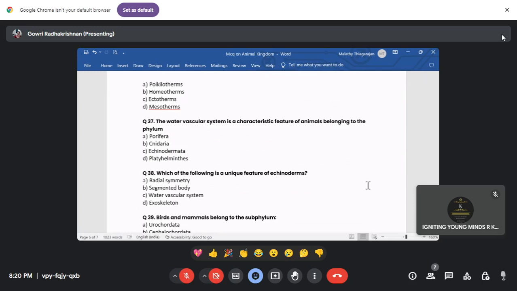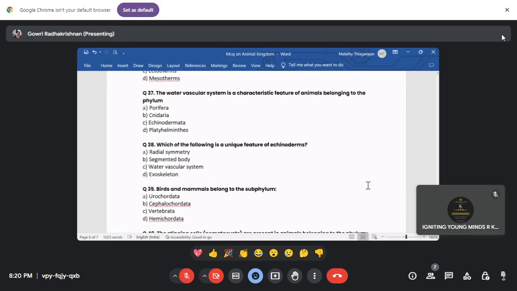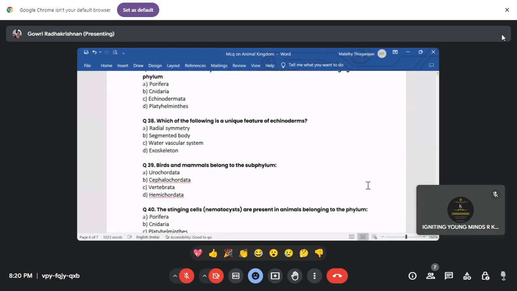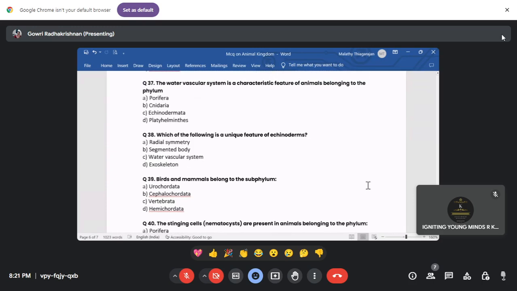No, Echinodermata. Which of the following is a unique feature of echinoderms? Again, same question in a different form. Water vascular system. See, first of all, what class and what phylum, what is the characteristic, all this you should know. Without knowing this, you cannot touch any question in this chapter.